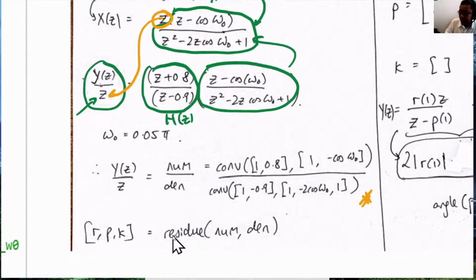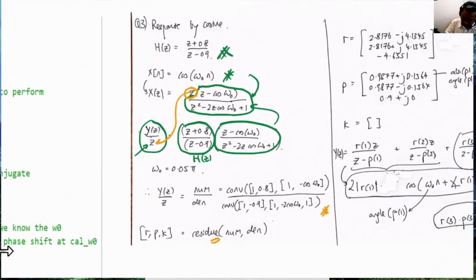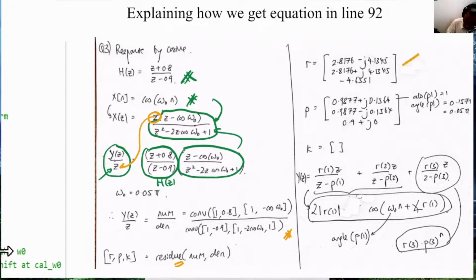But again, I'm using residue and not residuez, because I am expressing this Y of Z over Z as positive powers of Z. I get my R, P, K. This is my R, this is my P, and K is 0. There's no value in K.